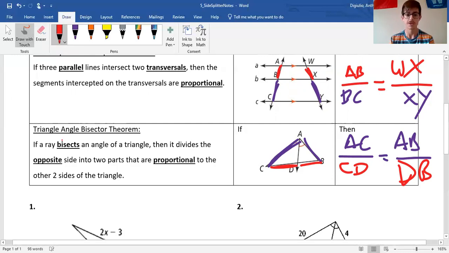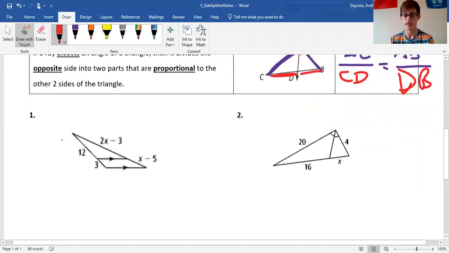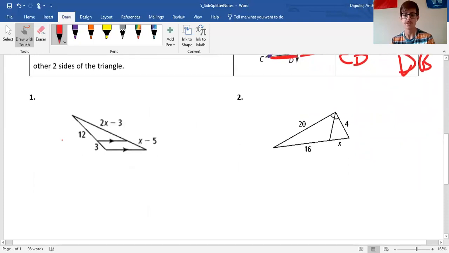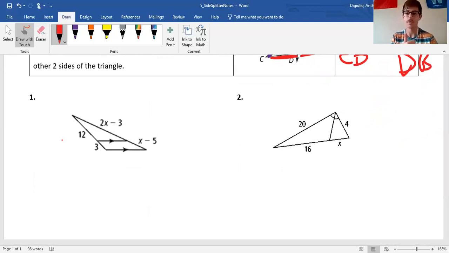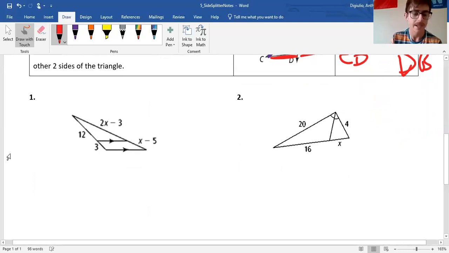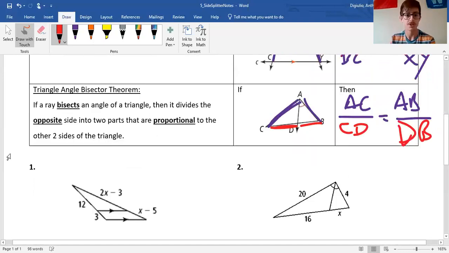So we're going to scroll down here and try this out on a problem. We're actually going to start with number 2 because I put these in the wrong order. What we're looking at here is if I have one of my three situations that I have up above, I can go ahead and set up a proportion using these different sides. So if you look in number 2, I have one very similar to the triangle angle bisector theorem.